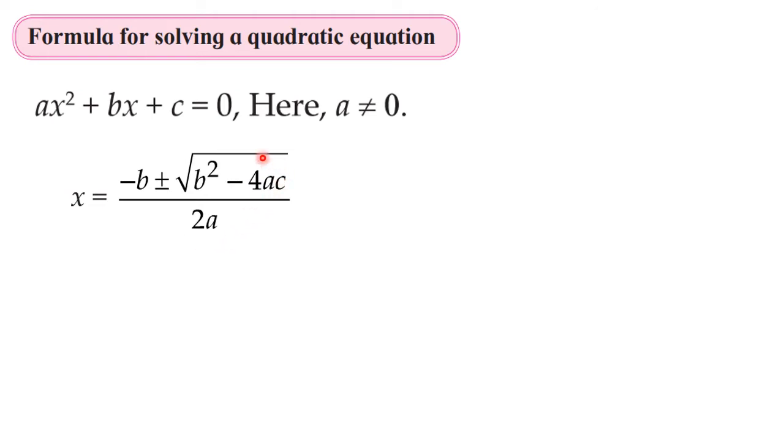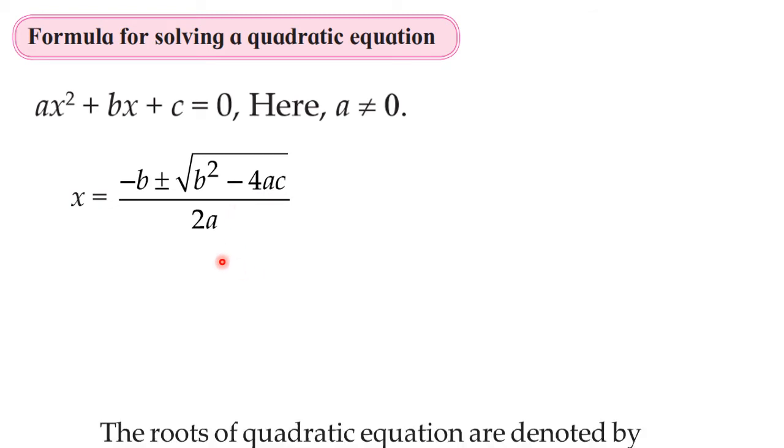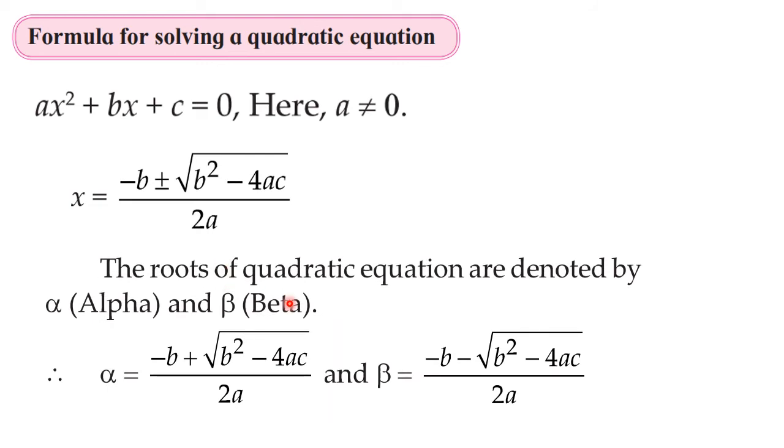Okay. Now from this we can write down the two roots of the equation as alpha and beta. Out of that, alpha is minus b plus under root b square minus 4ac upon 2a, and beta is minus b minus under root b square minus 4ac upon 2a. See, this plus or minus sign is separated here into two roots.